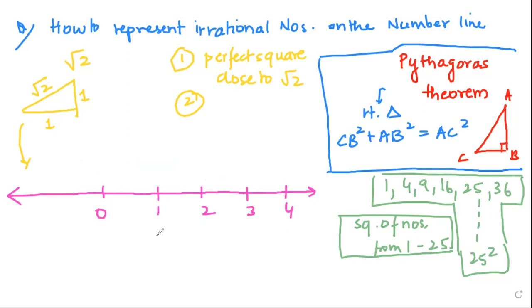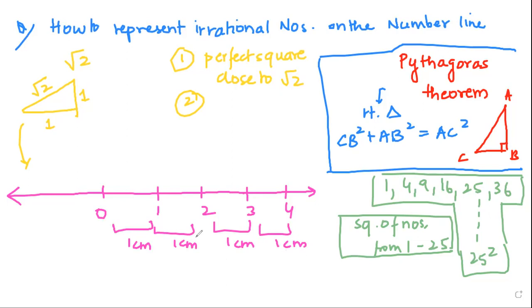So you mark the numbers at 1 centimeter distance. This distance should be 1 centimeter, 1 centimeter, right? You can stop at 4 or you can even stop at 3 here, but 4 just to be safe, just to show a proper number line. Okay.